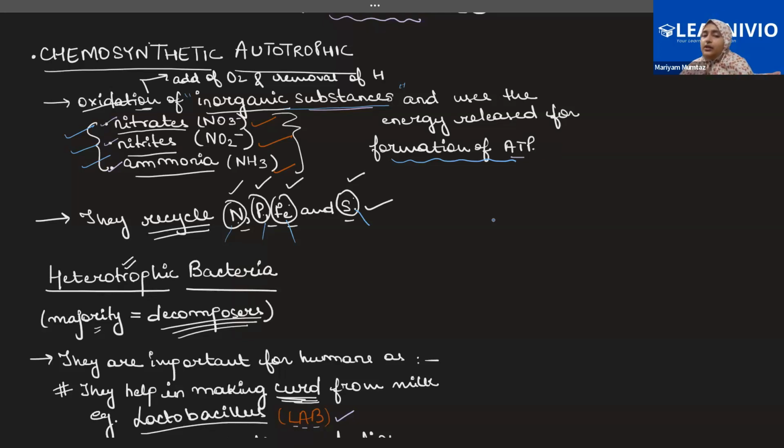What are those inorganic substances? They are nitrates, nitrites, and ammonia. These can be used in the chemosynthetic autotrophic process. So up until now, we have discussed phototrophism and chemotrophism, and apart from that, we have also discussed the different types of bacteria that come under the kingdom Monera. Now tell me if you have any doubts anywhere.